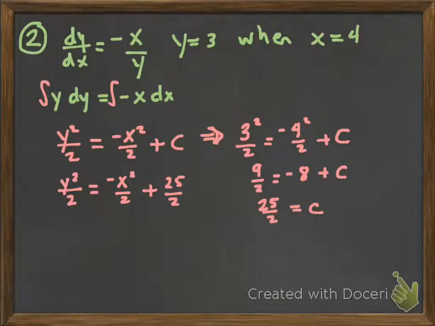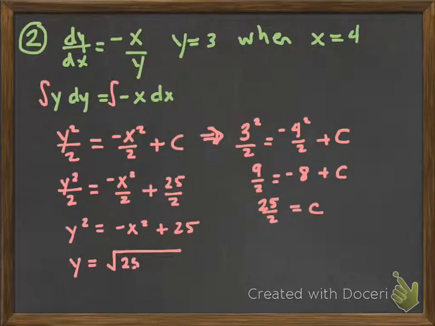Well, if ever there was an equation screaming to be multiplied by 2, I believe this would be it. So the next step would be y squared equals negative x squared plus 25. Yes? All right, and then I'm going to take the square root, and here on the inside I'm going to write 25 minus x squared.